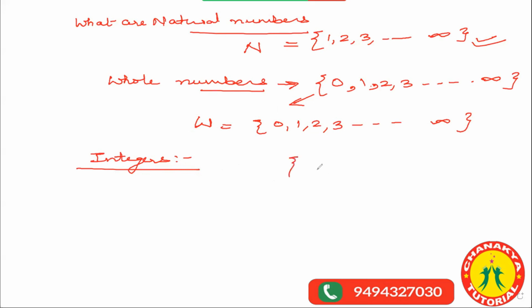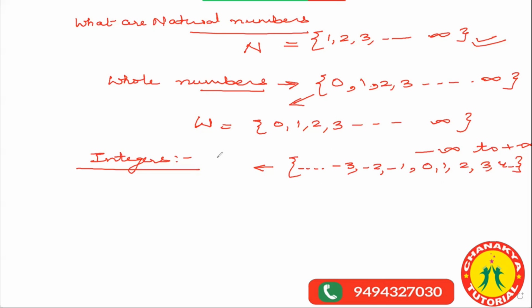Or you can say from minus infinity to plus infinity. So here I'm writing -3, -2, -1, then 0, 1, 2, 3, 4, and so on. Clear?